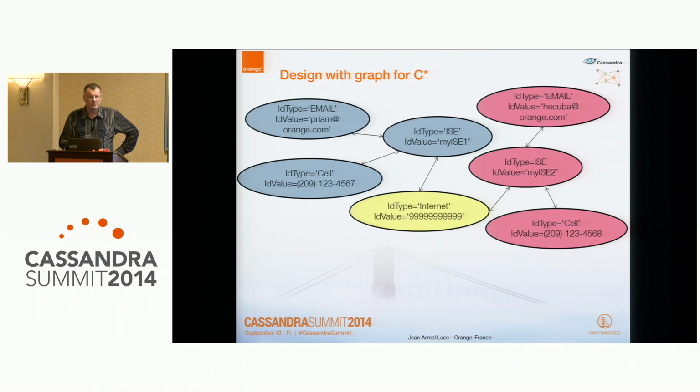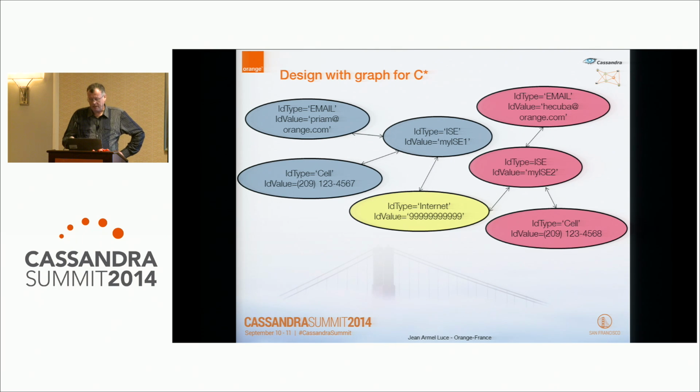What is interesting here also is that we could imagine that this customer is married. His wife has also her own identifiers. She has her own email address. She has her own cell number. She has her own IAC. Probably she uses the same internet account because in a family, usually everybody uses the same internet account.